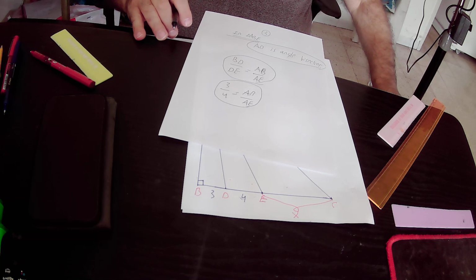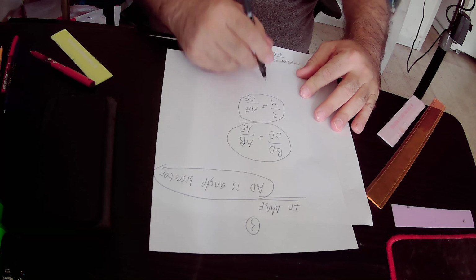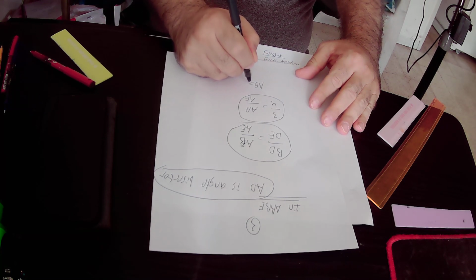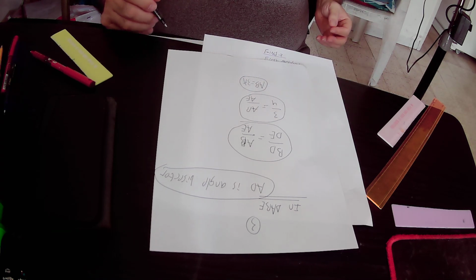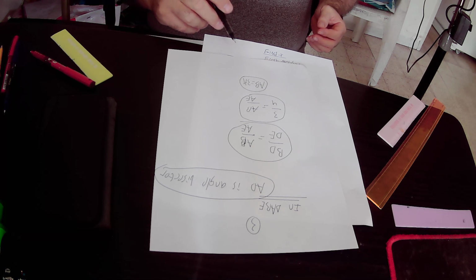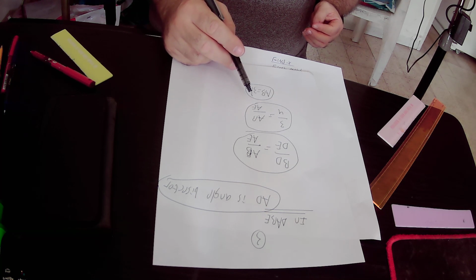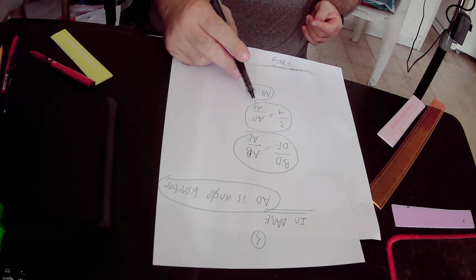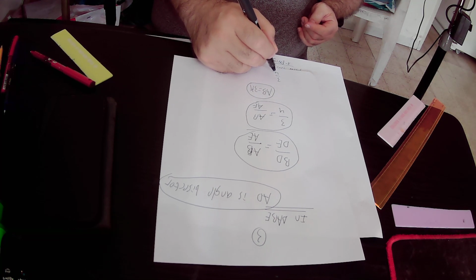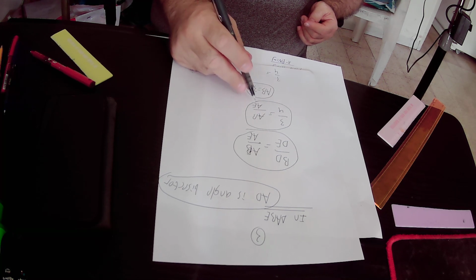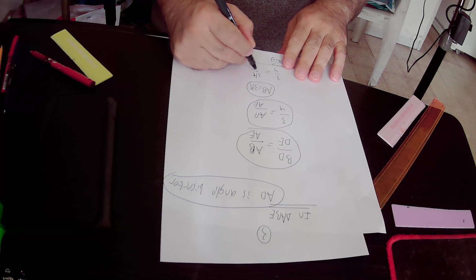In the next step, we will define AB as 3K. That is to say, AB equals 3K according to our definition. And we will find out the value of AE if AB equals 3K. So we will substitute AB by 3K in this equality. We will get that 3 over 4 equals AB over AE, and AB is 3K according to our definition, so 3K over AE.